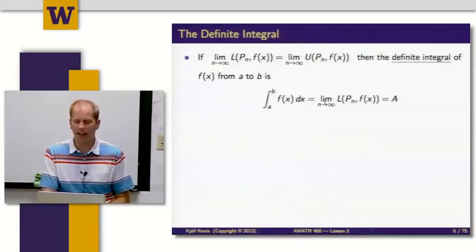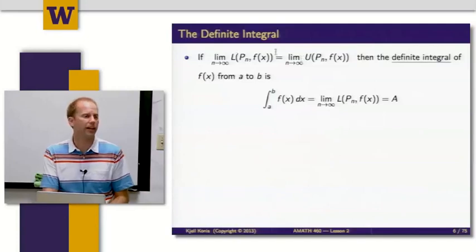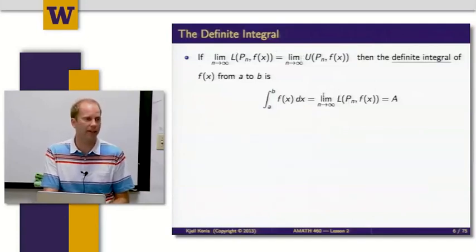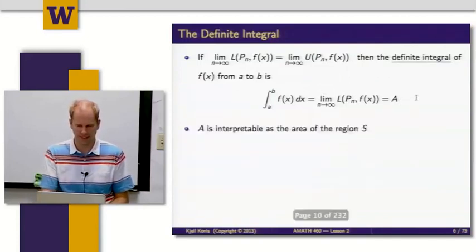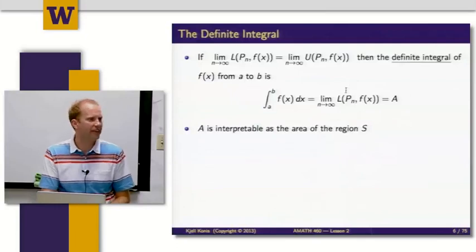I'm just going to define that to be the limit, because these are equal, I can pick either one, but I picked the lower bound. And I'm going to call that A. The interpretation is that A can be interpreted as the area of the region S.